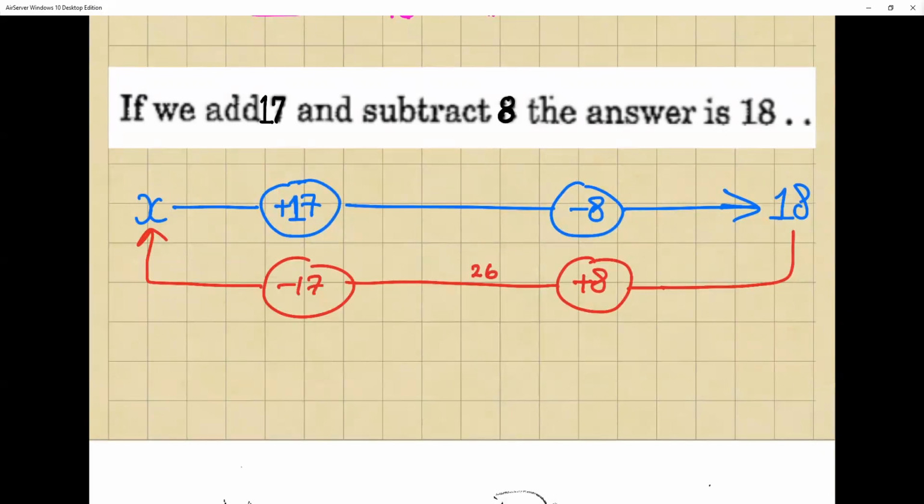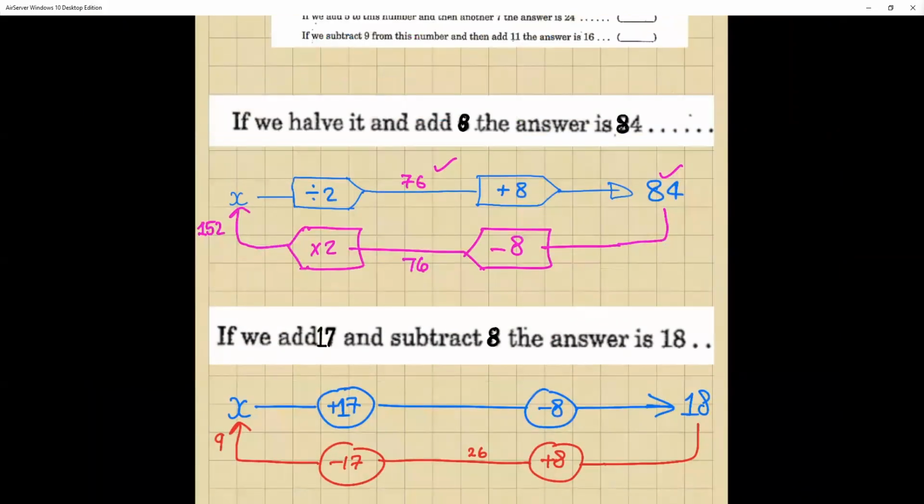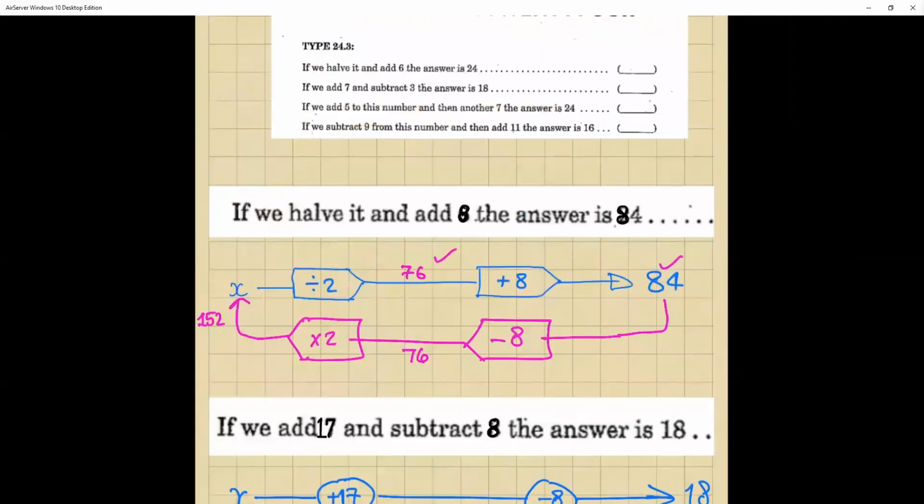What's 26 take away 17? 9, because 26 take away 16 will give you 10, and then minus the extra 1, that'll give you 9. So let's put it back in. 9 add 17 will give us 26. And we minus the 8 will give us 18. It works. Fantastic. Lovely. So this machine method is working nicely for us at the moment.